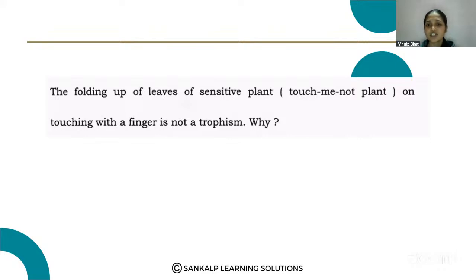But touching causes the drooping or folding of the leaves. So it's not a tropism because the folding of the leaves does not take place in a particular direction.